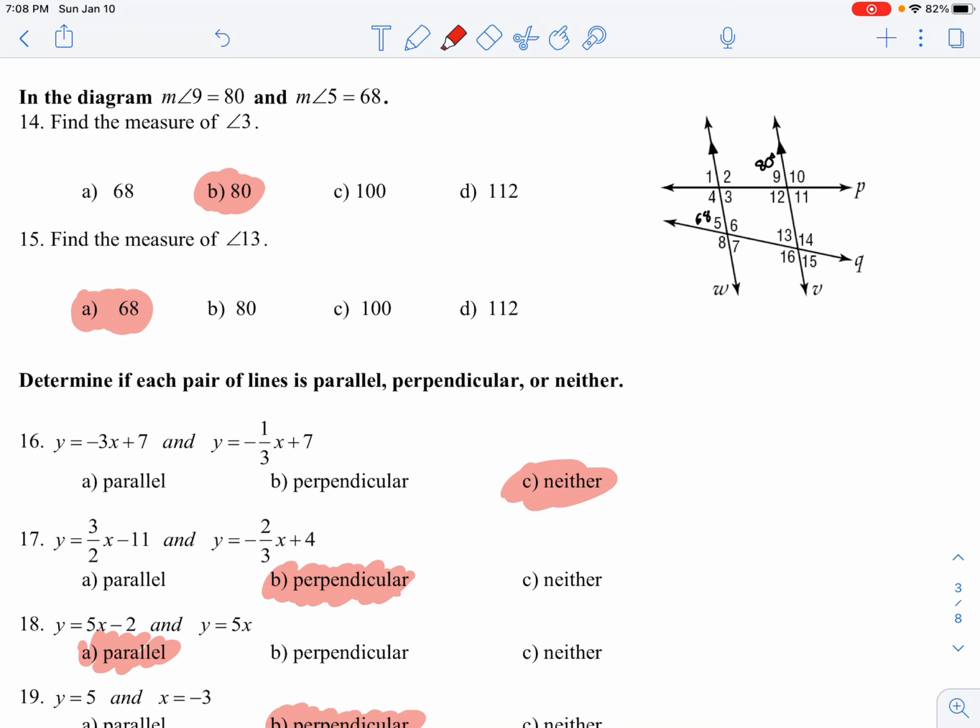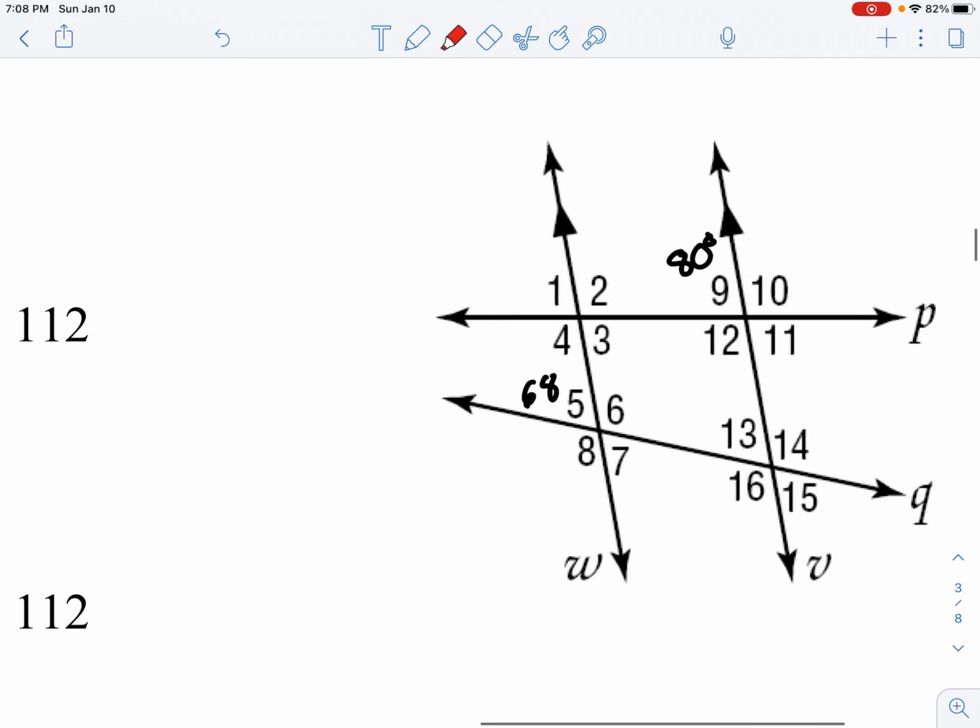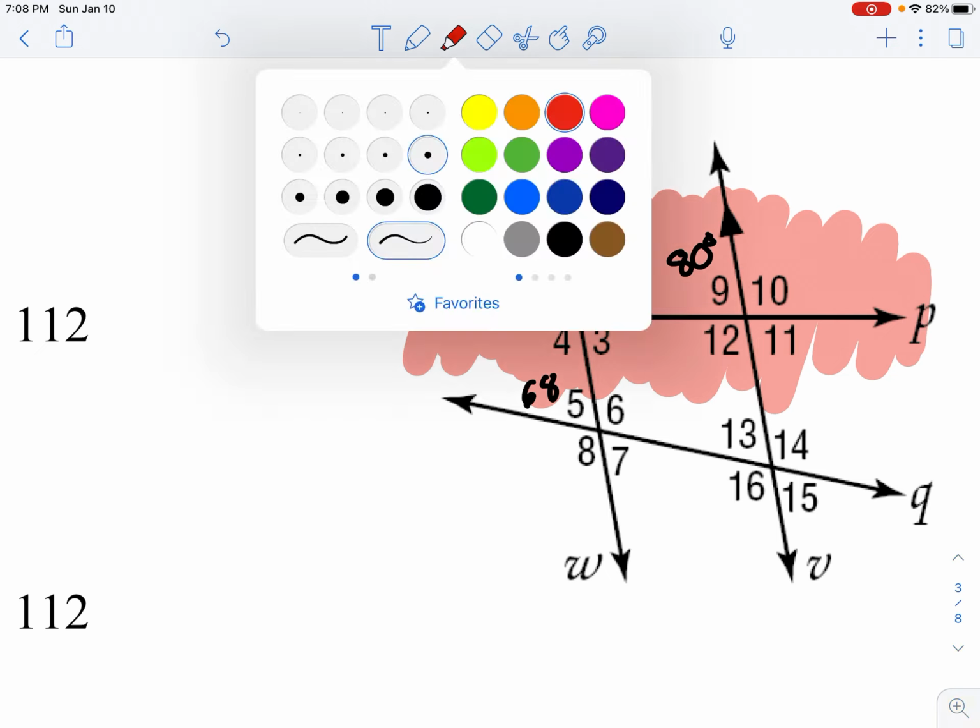Number 14, it says find the measure of angle 3. This is actually a pretty easy question. Didn't make you solve anything too difficult on this, because if you look at only the top part, maybe I can just highlight the top part. What we have here are two parallel lines.